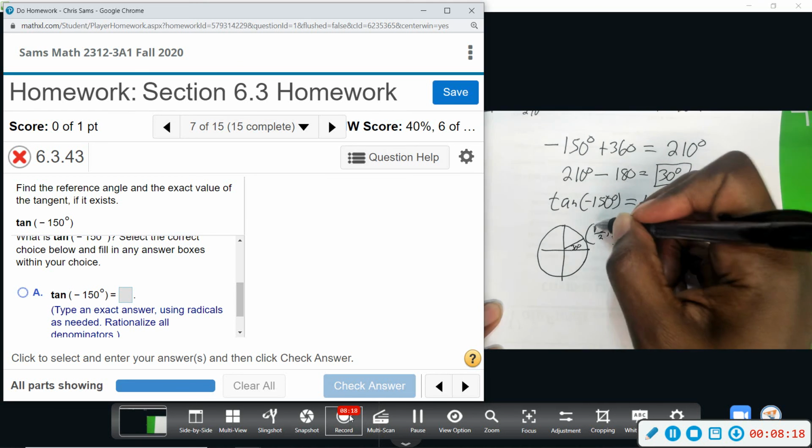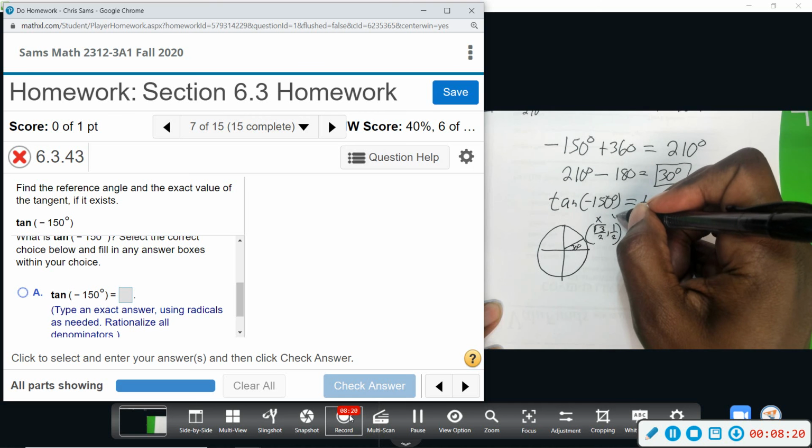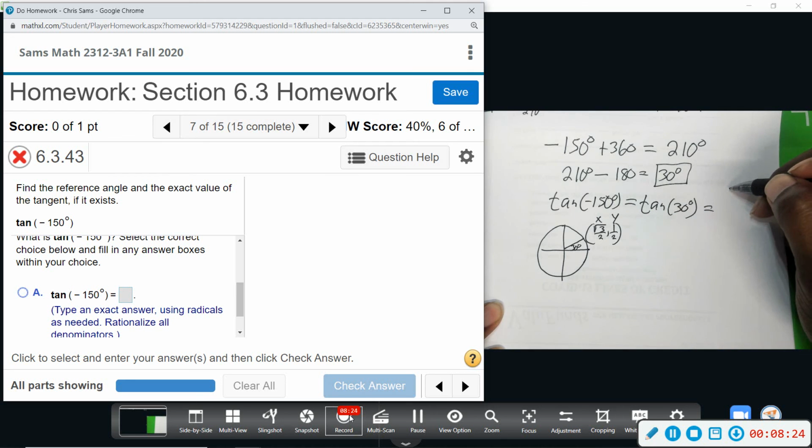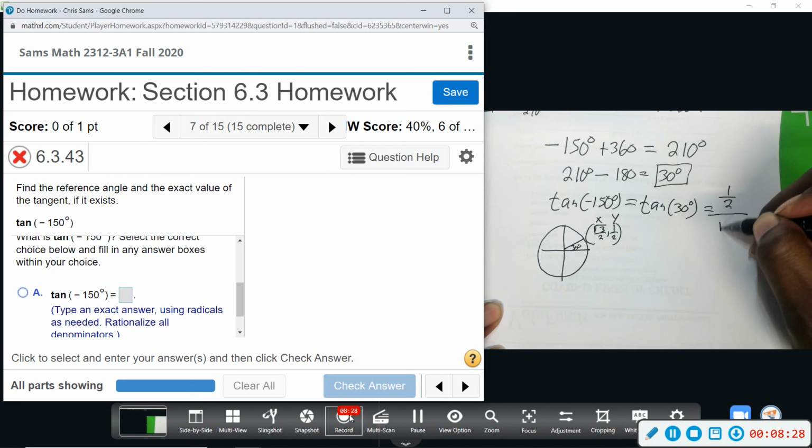You had ordered pair square root of 3 over 2 and 1/2. All right. Tangent is y divided by x. So xy goes in that order. So that means 1 over 2 divided by the square root of 3 over 2. Sorry, I put that backwards. All right.